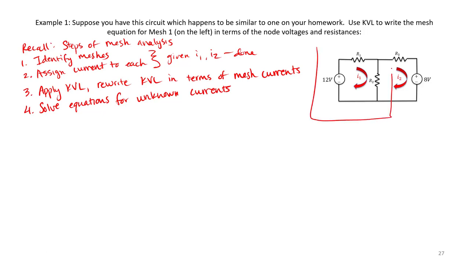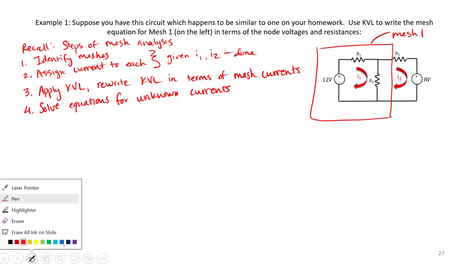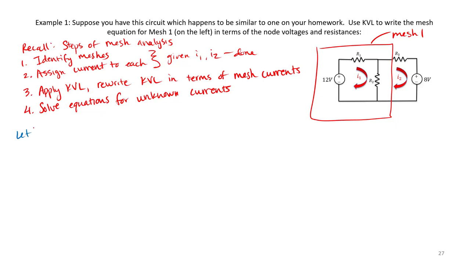So here we just care about mesh 1. Let's go ahead and apply Kirchhoff's voltage law to mesh 1. I'm going to walk clockwise in the direction of my current.